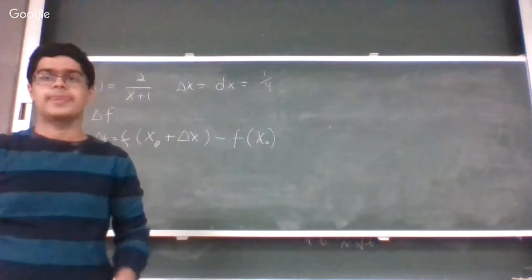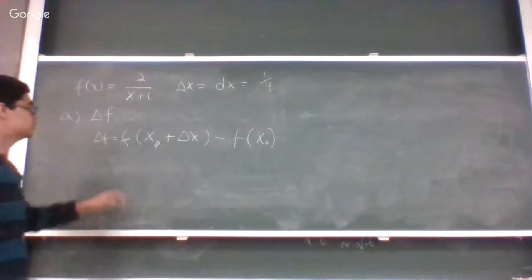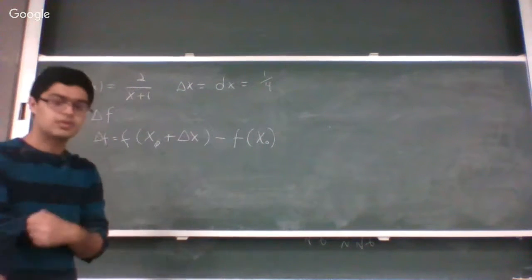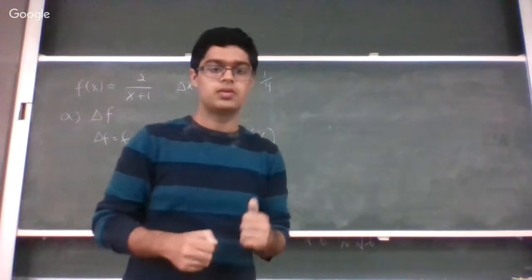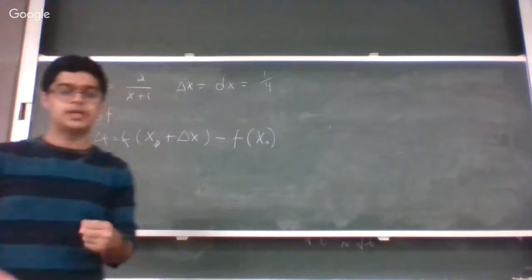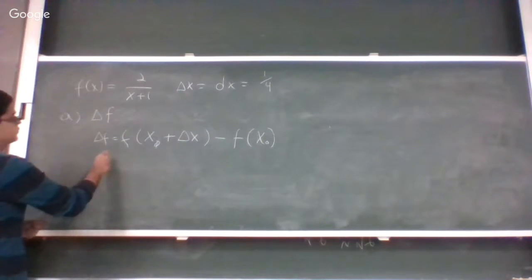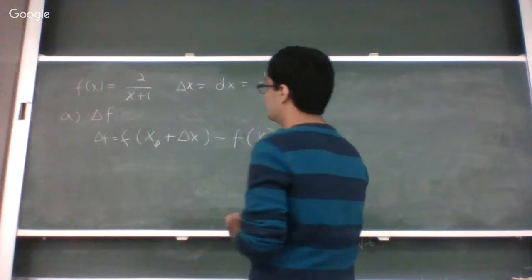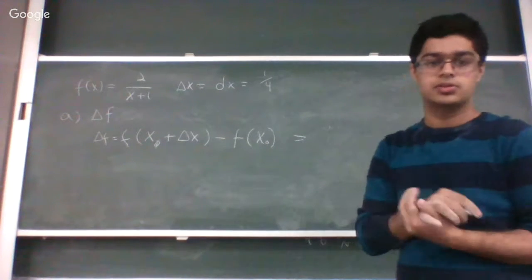Is that x naught? Yeah, x naught. I explained this to you guys last session. You guys need to know this. And then it's just plugging and chugging from there. Did I tell you guys x naught? No.